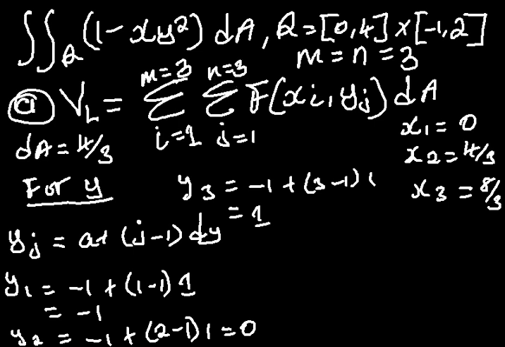So let me have them here. y1 will be given as -1, y2 should be 0, and y3 should be given as +1. But as you can see, just a single step from here, let's say y4 will happen to have 2.